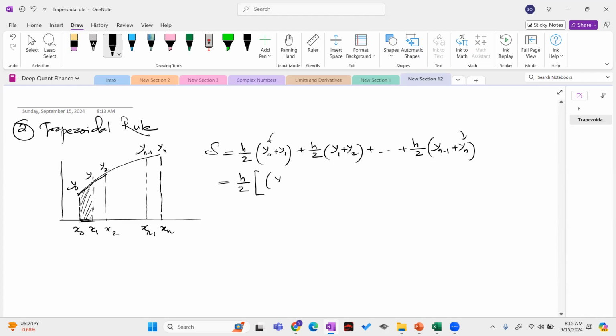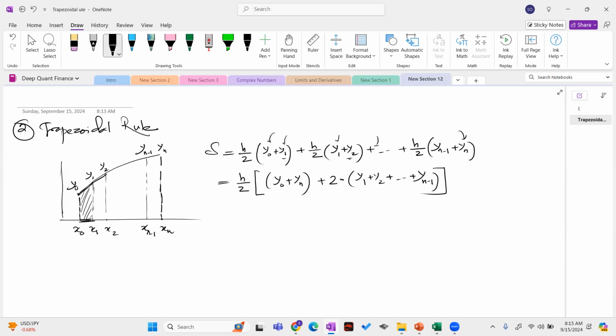So I can club those together, y0 plus yn, first and last. Every other term will come twice. y1 will come here, y1 will come here, y2 will come here, y2 will come here, right? So I can write 2 times all the other values, y1 plus y2 up to yn minus 1. So this is the formula for the trapezoid rule.